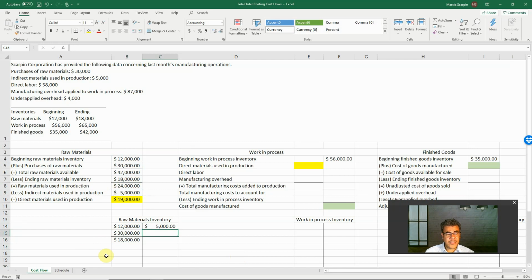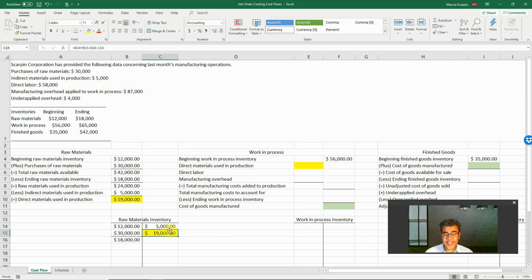And what about direct materials used in production? It is the number to balance this journal entry here. So we insert our formula: beginning inventory plus purchase less ending inventory less indirect materials. So the number to balance is $19,000.